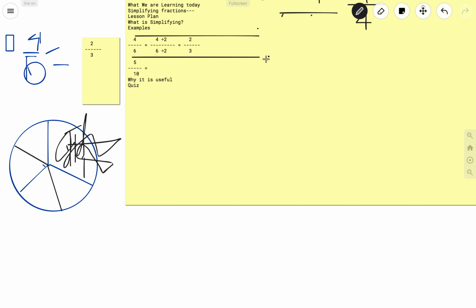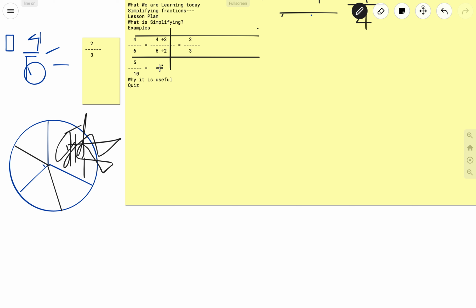Let's just imagine the 4 and the 6 are two sides, and each side got divided by 2, which means they all got the same thing, and it's still equal, and all in all it turned into 2/3.